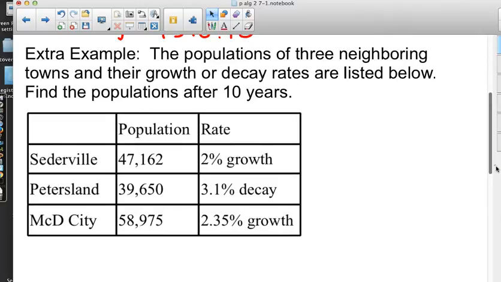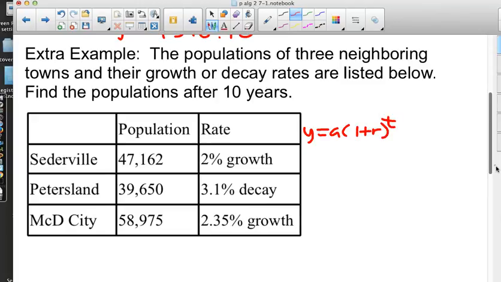All right, the populations of 3 neighboring towns and their growth or decay rates are listed below. Find the population after 10 years. Oh, okay. Well, Cedarville has some growth, so we're going to use that one. Starting at 47,162, and we'll do what's in the parentheses in our noggin this time. We'd have 1 plus 0.02, so 1.02 to the T, and they want to know after 10 years.